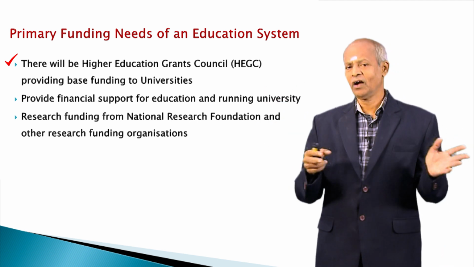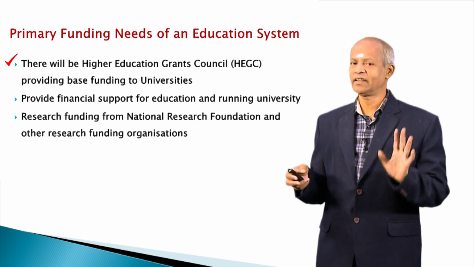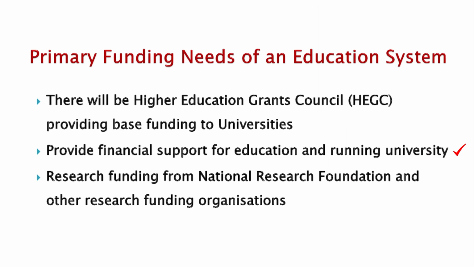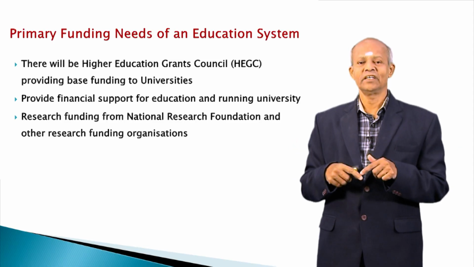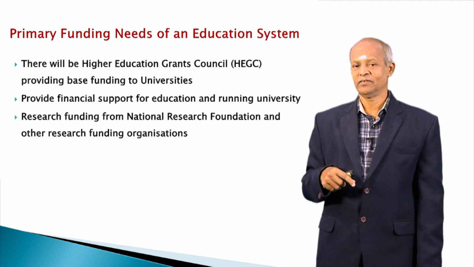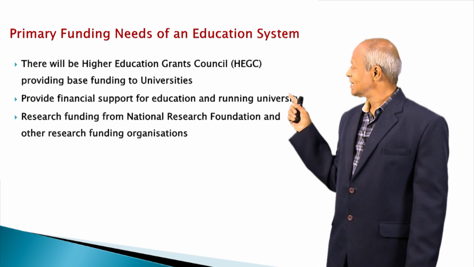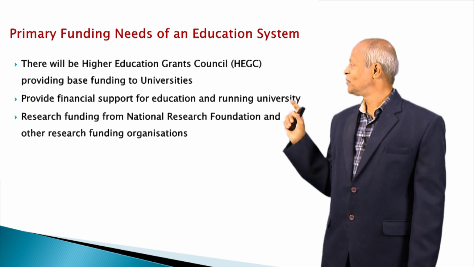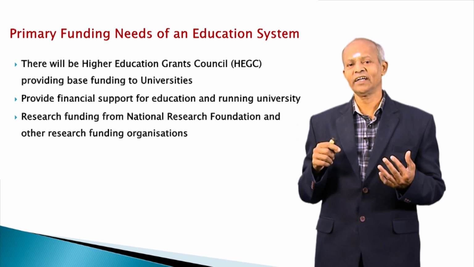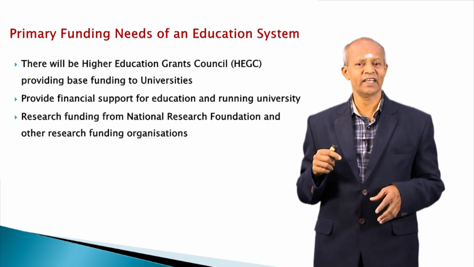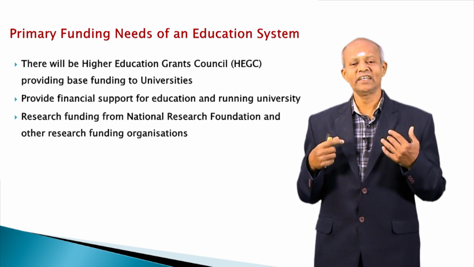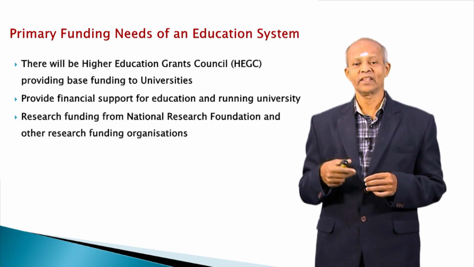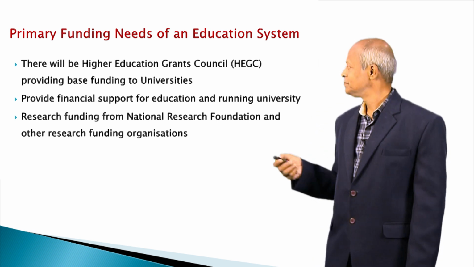It cannot give all the funding, only the base funding, and it is giving financial support for running the university. That means it can provide the basic infrastructure only, and the research funding from the National Research Foundation. So, a meager amount is what universities get from research funding, and these are the major funding mechanisms for the higher education system.